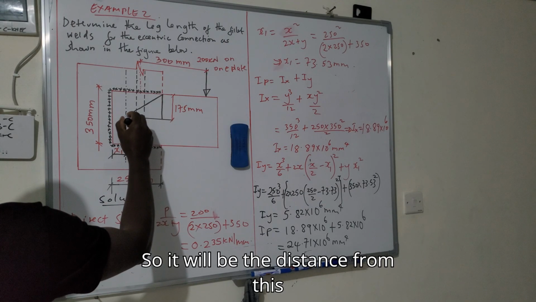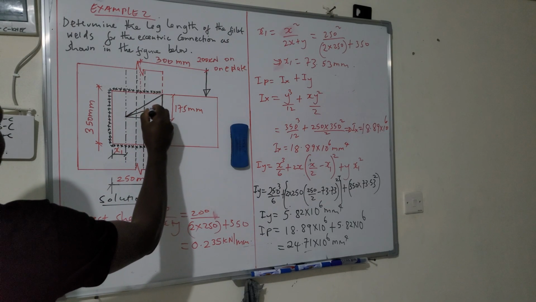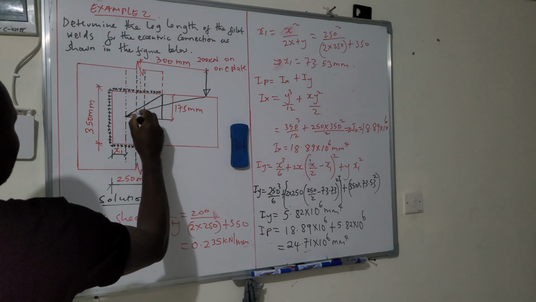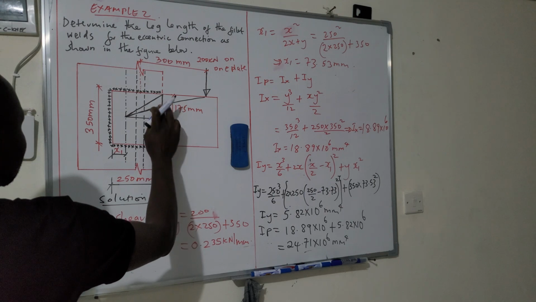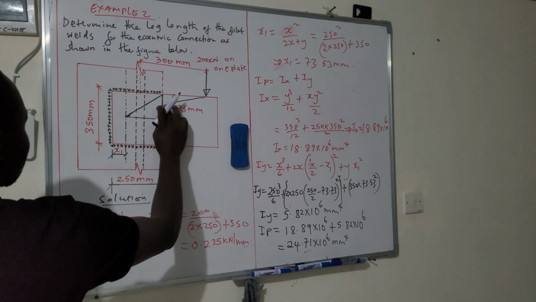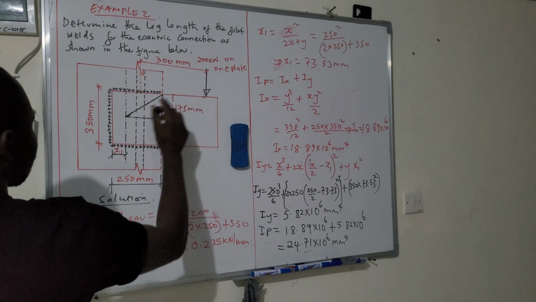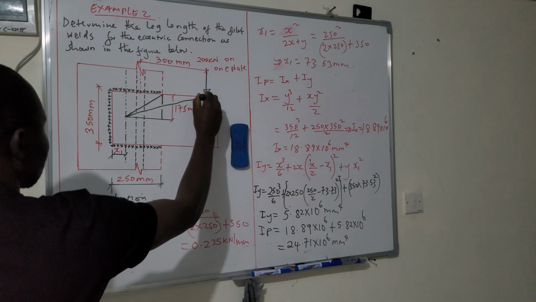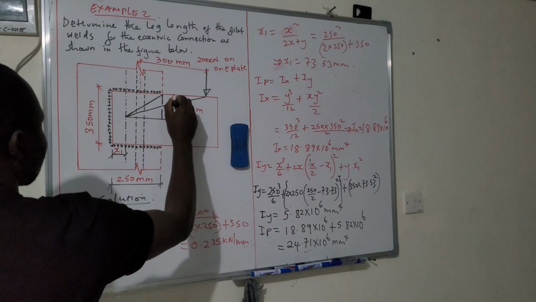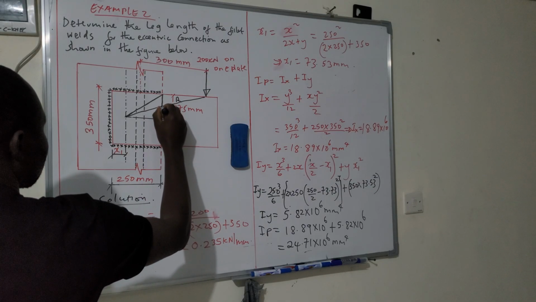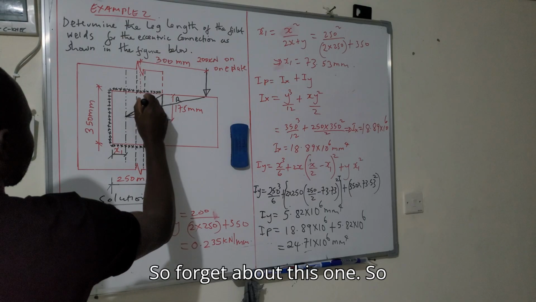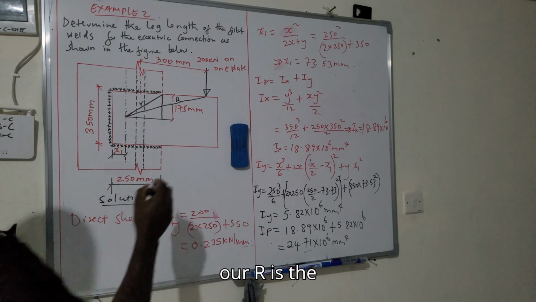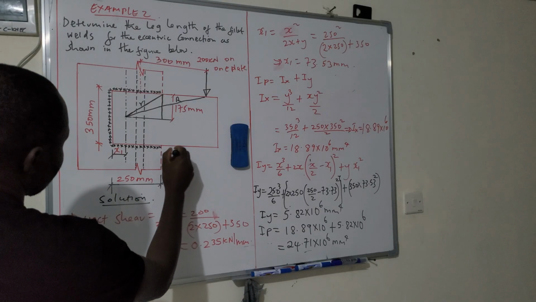So it will be the distance from this point up to that. So that is our R, the capital R.